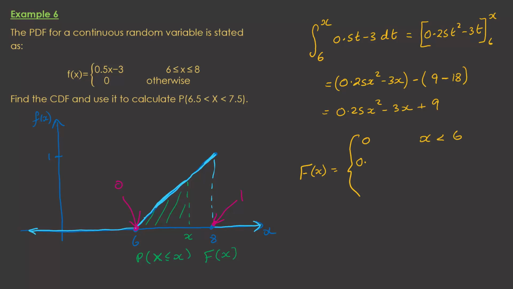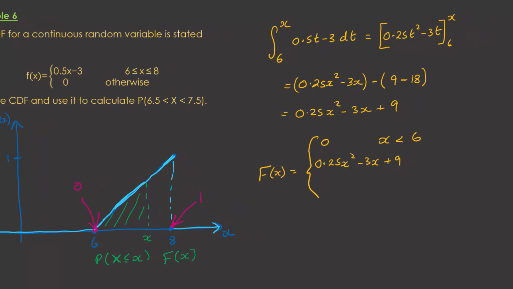It's then going to be 0.25 x squared minus 3x plus 9, and that's going to apply if x is between 6 and 8. And then once we've got to the maximum probability of 1, anything above, the probability of being less than 9, for example, is going to be 1 as well. So it's going to be 1 for anything more than 8.